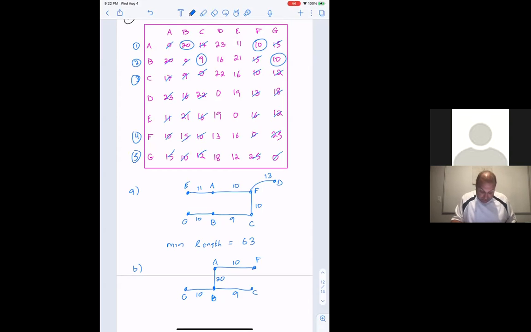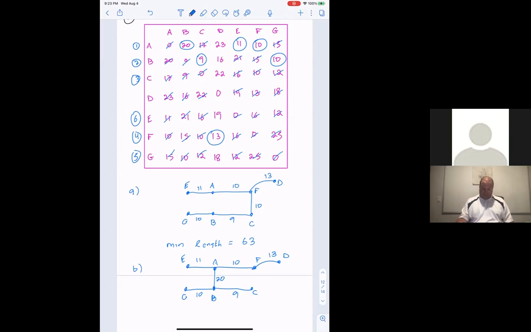And I see an 11. So A to E. I cross out everything in E. And then what's left? I see a 13. F to D is 13.